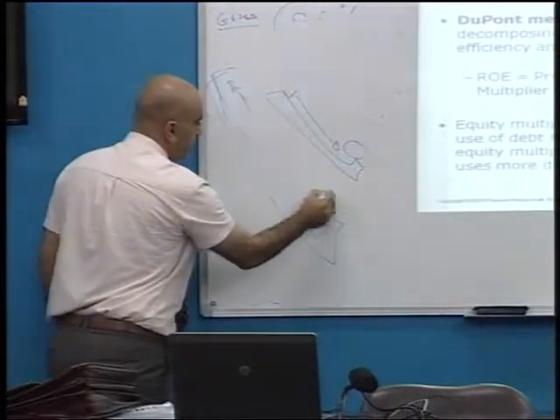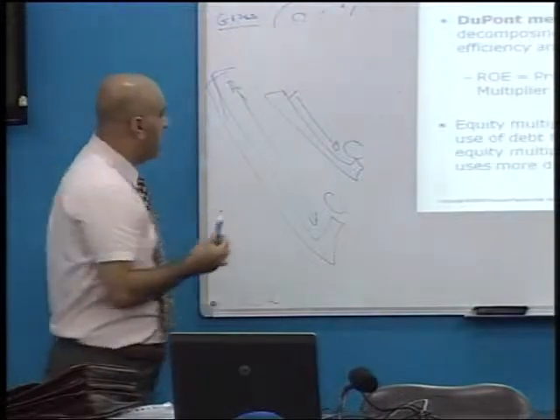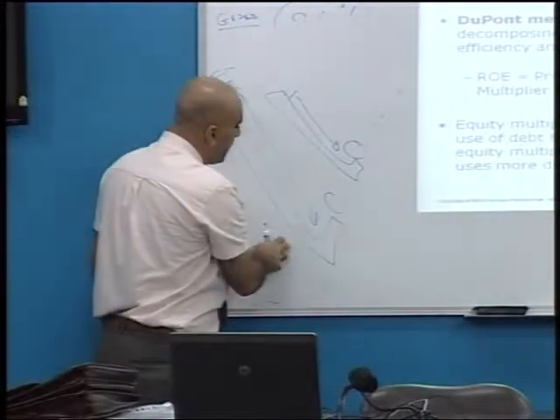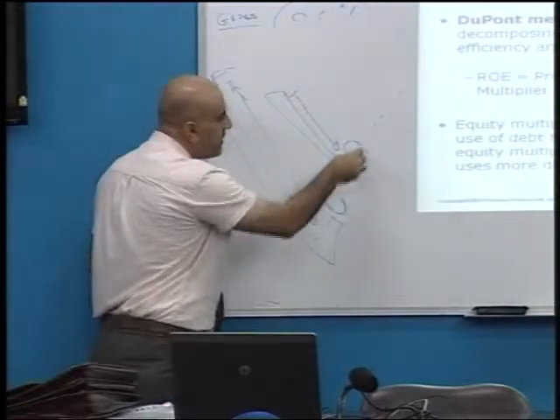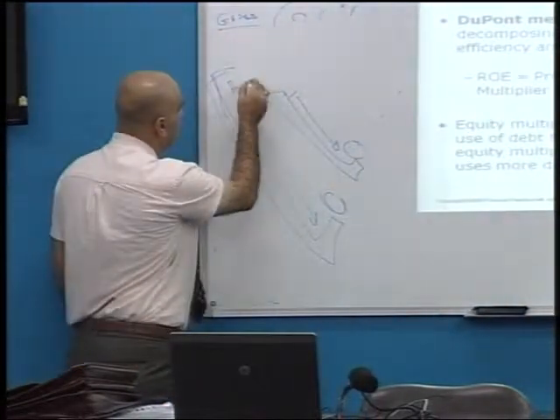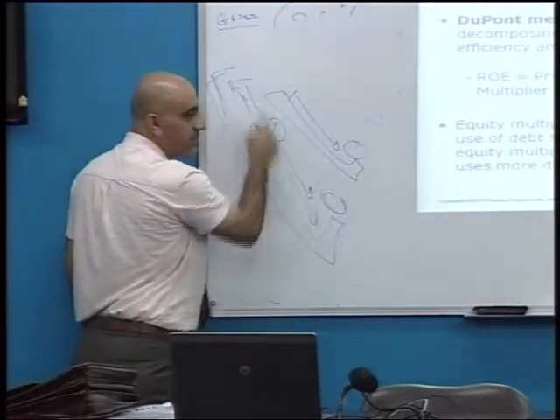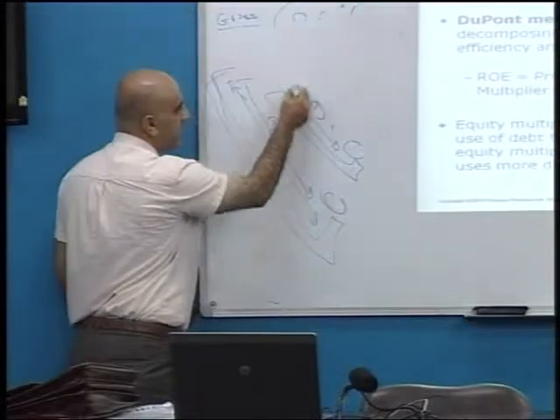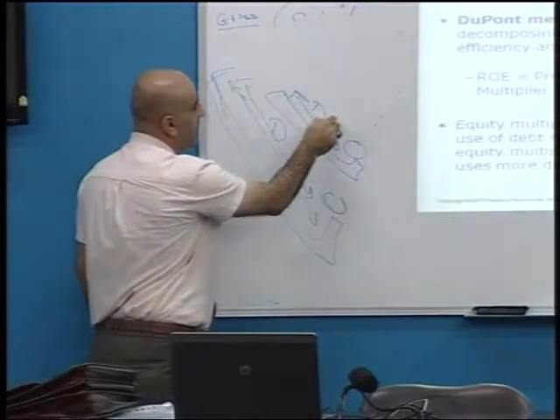According to physics, if we kick this ball with the longer stick, it will be stronger because the distance is longer than the distance here. Consider the D here is the debts.